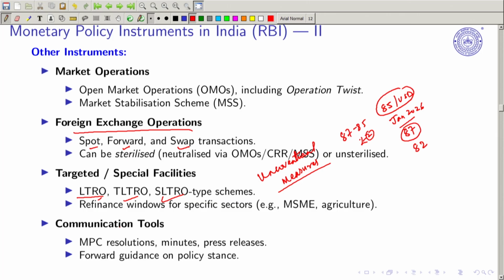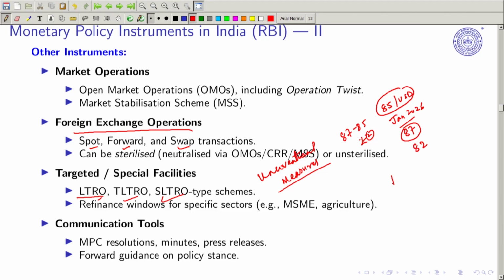Through textual analysis, they try to read the pulse of the central bank, whether they are hawkish or dovish. Hawkish means that the moment inflation rises, you react immediately. Dovish means you react slowly: even if there is a symptom of inflation rising, you take time to react.